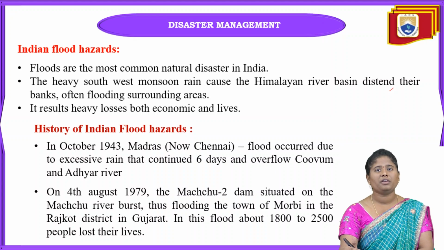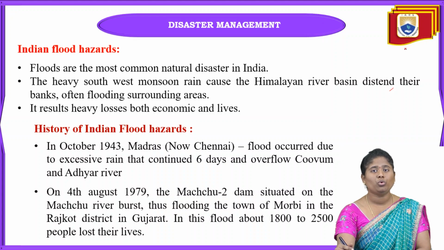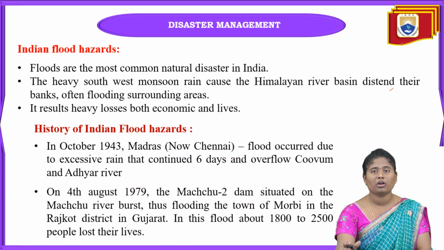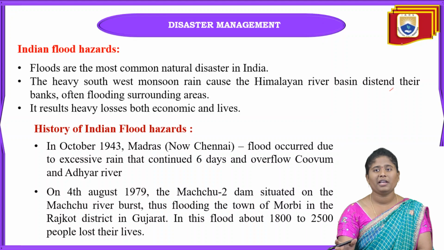The next one happened in 1979 in Gujarat. At the Machchhu Dam, because of heavy rainfall, the dam collapsed. Because of that collapse, flooding happened towards Morbi town.